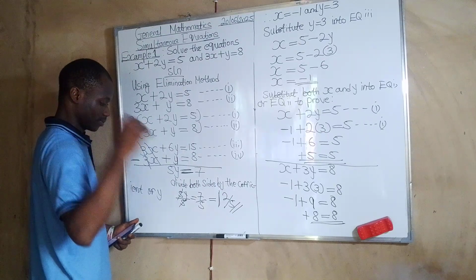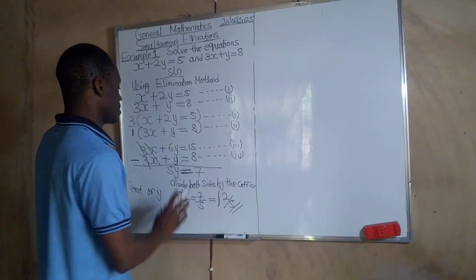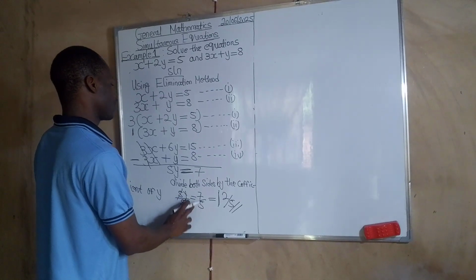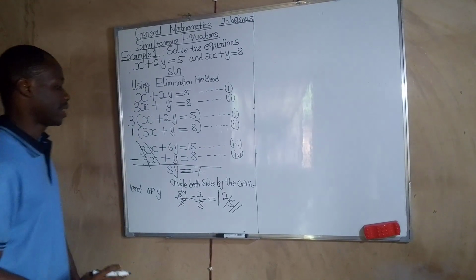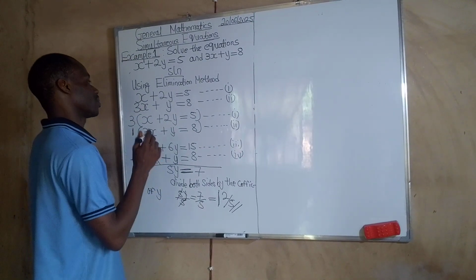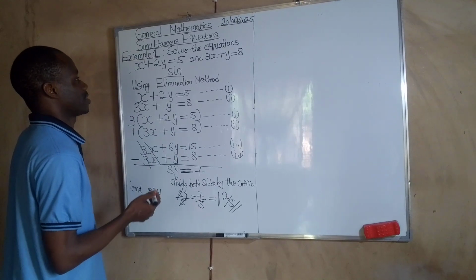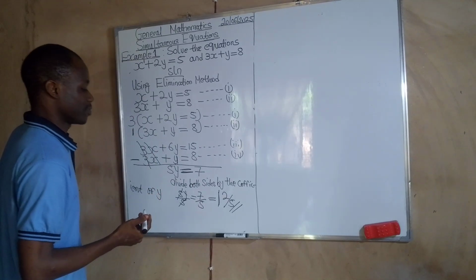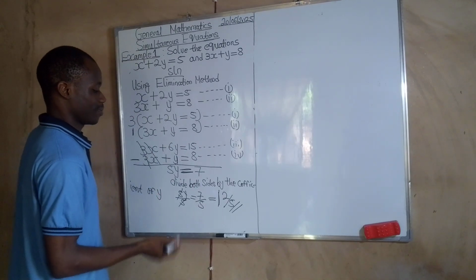Pause. So definitely we have gotten our y. So we want to check for our answer for x. When you're checking for your answer of x, you have to be careful so that we don't confuse everyone. Are you getting that?